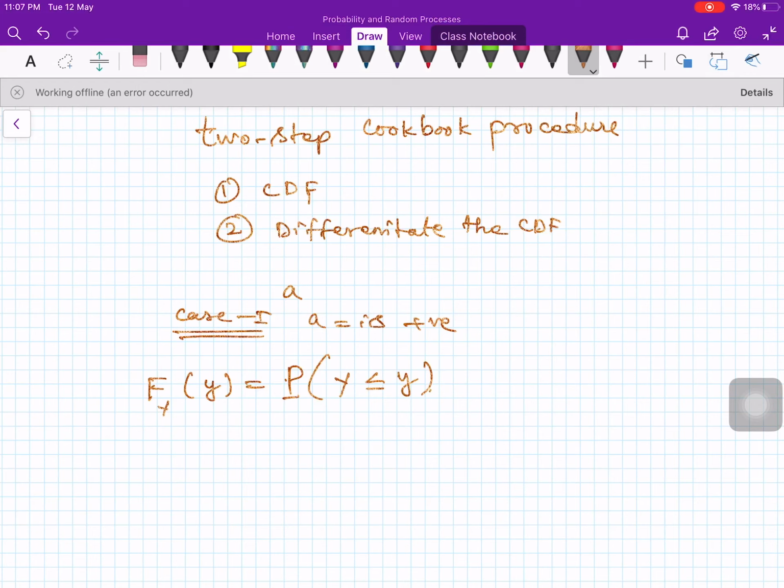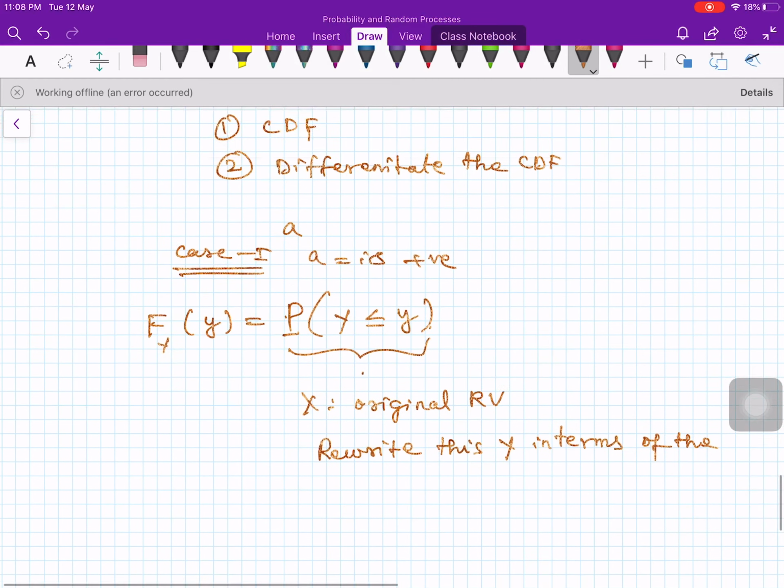Now I need to take this event and express it in terms of the original random variable. What is the original random variable? X is the original random variable. So you rewrite Y in terms of the original random variable, that's all.